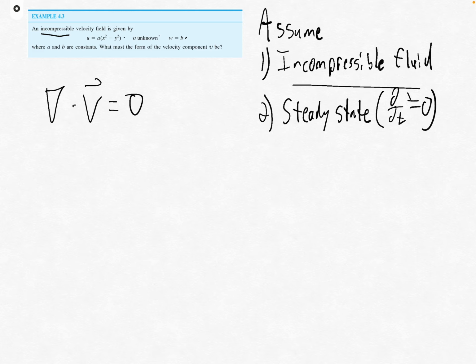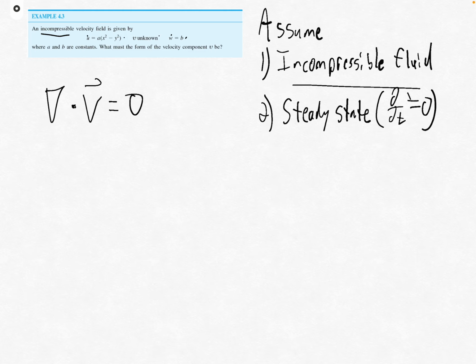Without knowing exactly the direction to go in the solution method, this is a good place to start because it's going to help show a relationship among our different velocity components. And since we know u and we know w, we just don't know v, this expression is going to help us find what we're looking for, which is v.